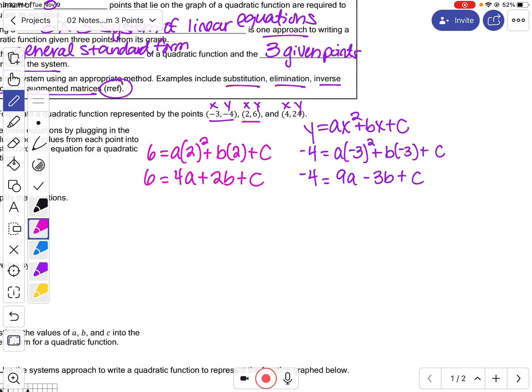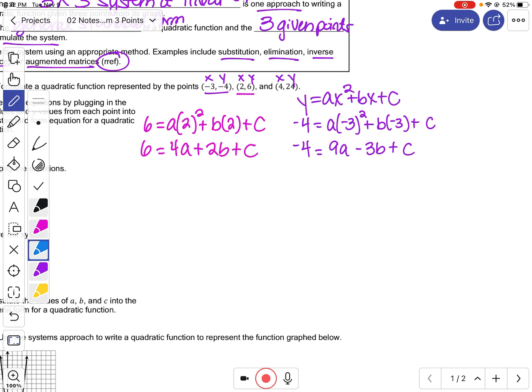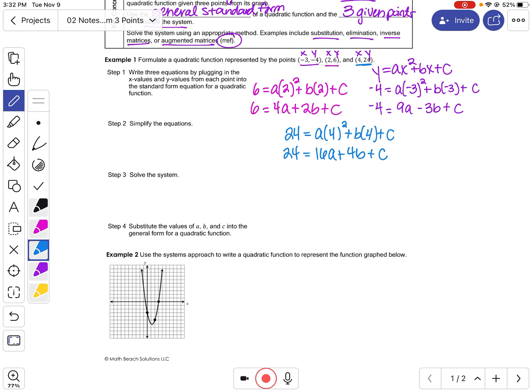So there's my second equation. And then my third equation, plugging in that last point, would be 24 equals a, x is 4. So that's 24 equals 4 squared is 16a, plus 4b plus c. All right, so there's my 3 equations.